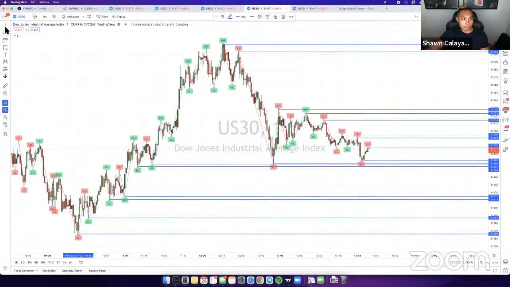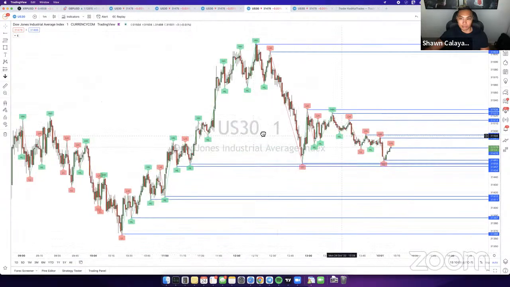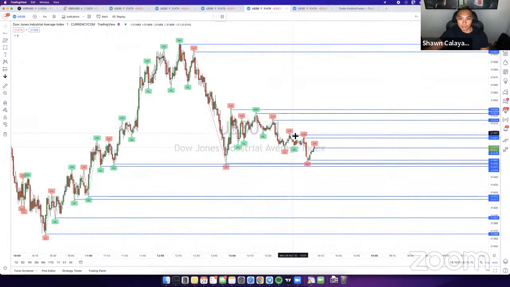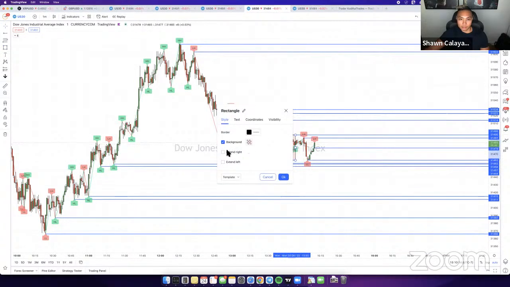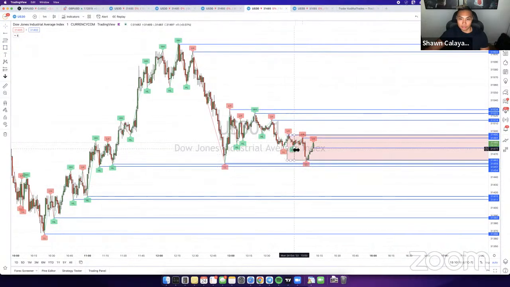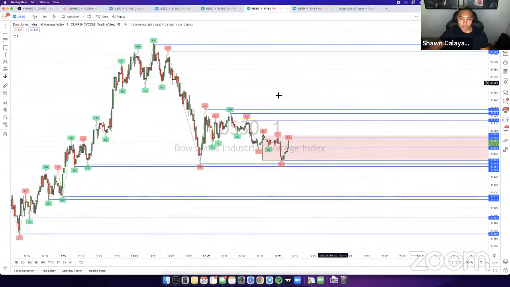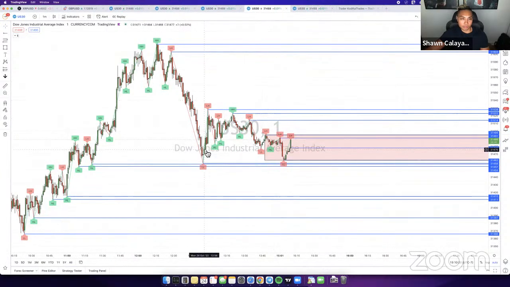So you got that right there. You zoom out, you can see right here that price is literally just going sideways, right? So it's not too difficult. If you guys can draw a market structure or just draw the high lows, this will show you exactly where price is going. It's going sideways.